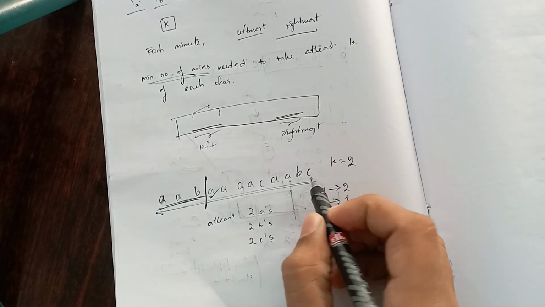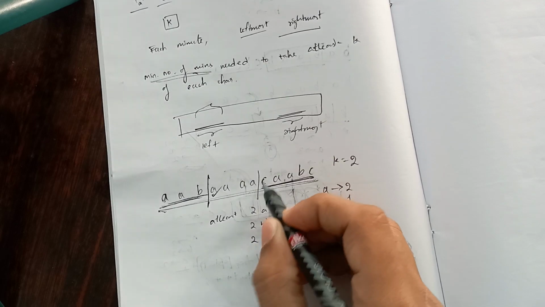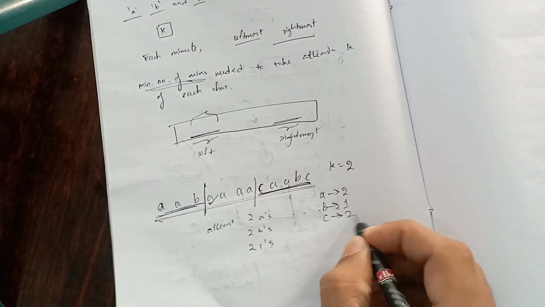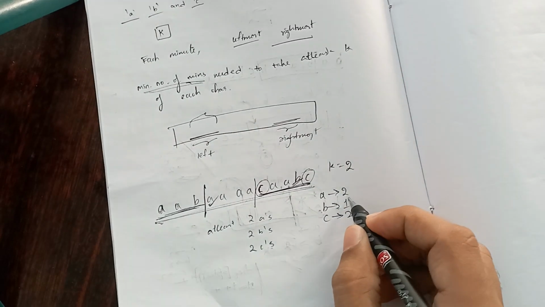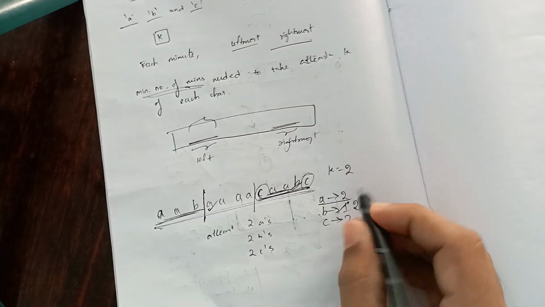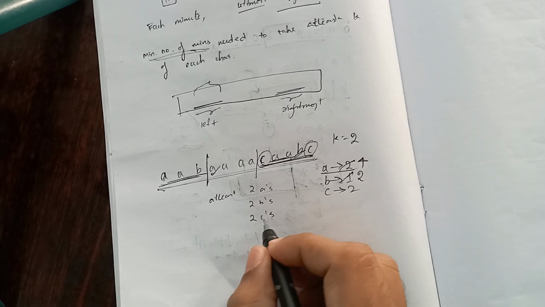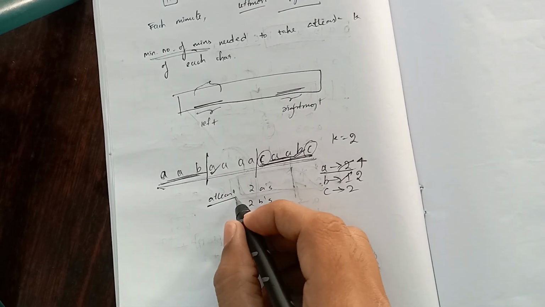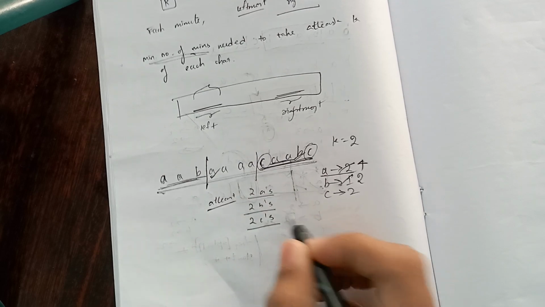Then if you consider the last 5 characters, here we got C for 2 times and B for another time. That means they have asked for at least 2 A's, at least 2 B's, at least 2 C's.